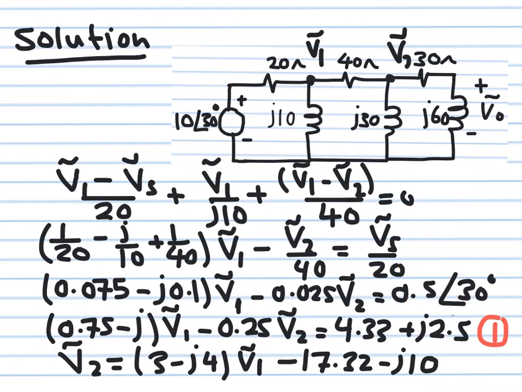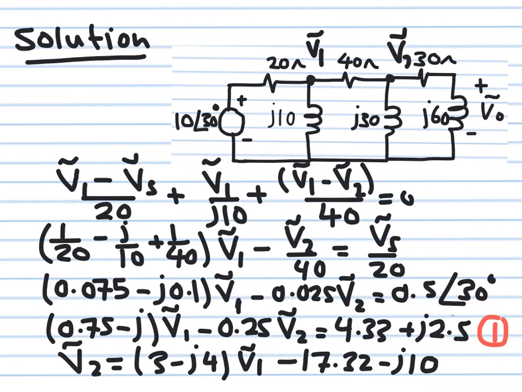We're now going to start to collect coefficients. 1 over 20 will give us 0.05, 1 over 40 will give us 0.025, so the sum of these two will give us 0.075. This is minus J0.1, and 1 over 40 will give us 0.025. This is the source term divided by 20.